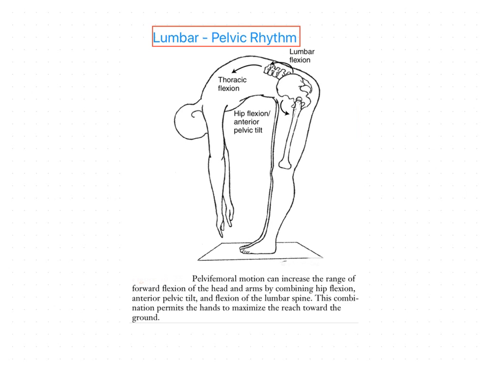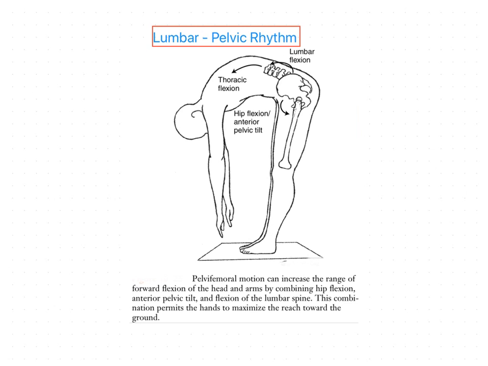So the main purpose of this lumbar pelvic rhythm is to produce a larger range of motion altogether. If you take one single segment, the range of motion is small. If all move together, the range of motion is increased.